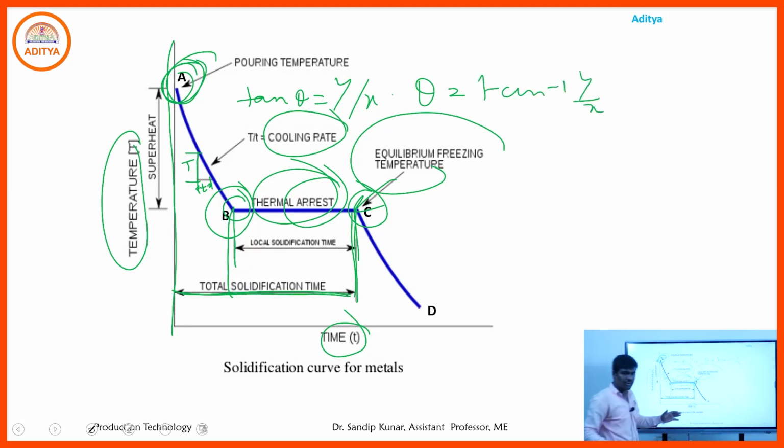Here y is the capital T, the temperature along the y-axis, and x is small t, the time. Using that formula we find the cooling rate, the slope.